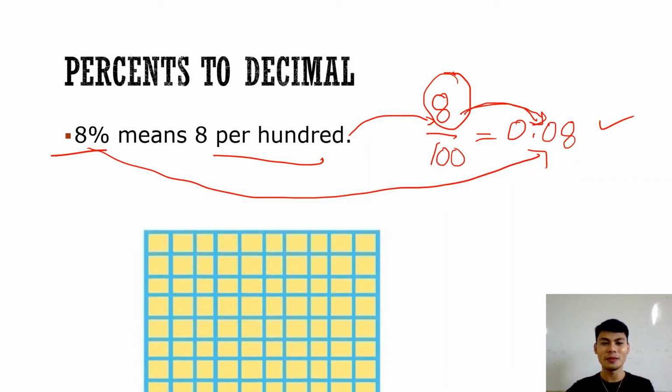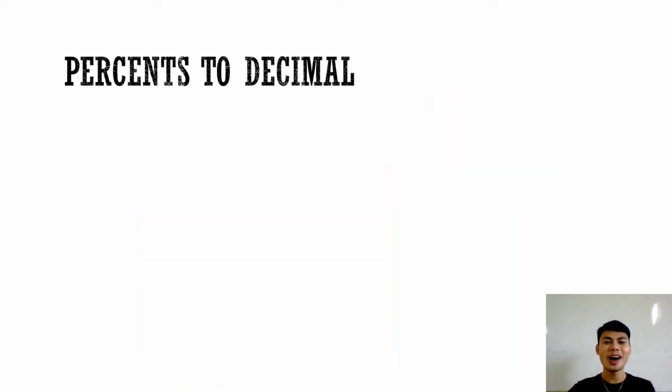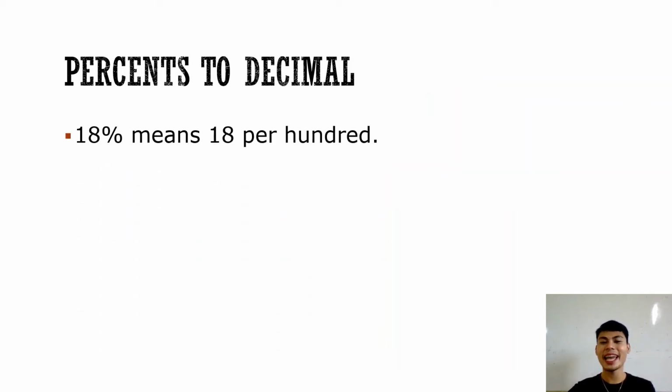In squares, 1, 2, 3, 4, 5, 6, 7, 8, it's 8 per 100. That is 8%. Easy lang pala. Next, 18 per 100, so 18%. If you divide that, the two zeros just move the decimal point.